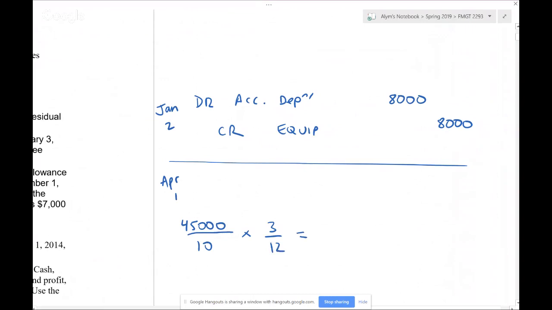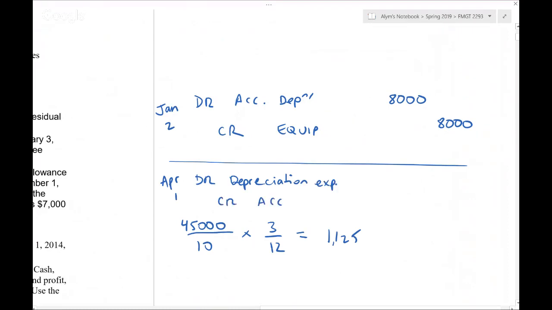And this gives us 1,125. So here we're going to debit depreciation expense. And we're going to credit the accumulated depreciation for 1,125.